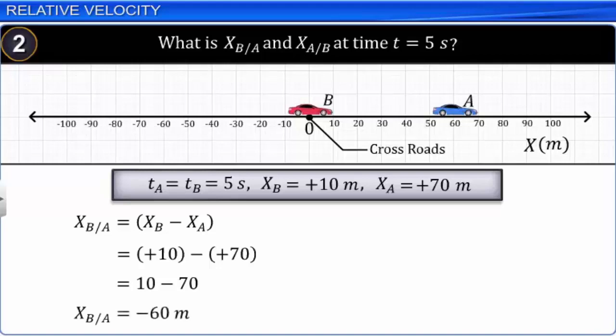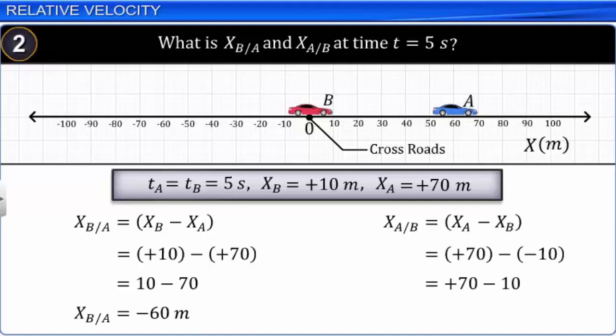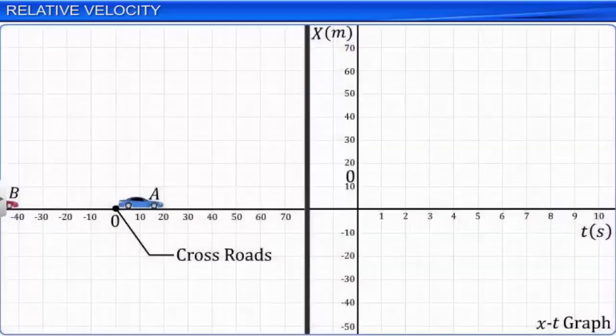On substituting values and simplifying, we get xa by B equal to plus 60 meter. We observed that xb by A and xa by B are same in magnitude. This implies that the distance between the two cars remains constant, irrespective of time elapsed from the first observation.